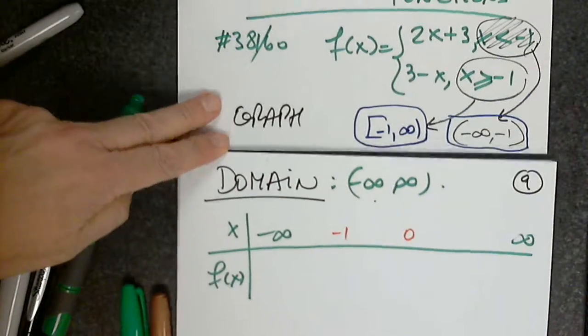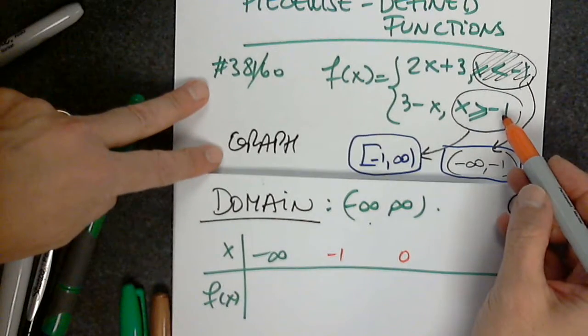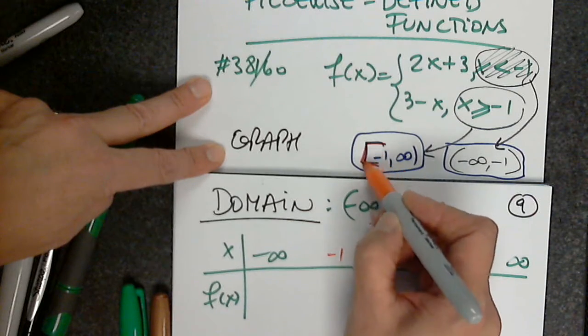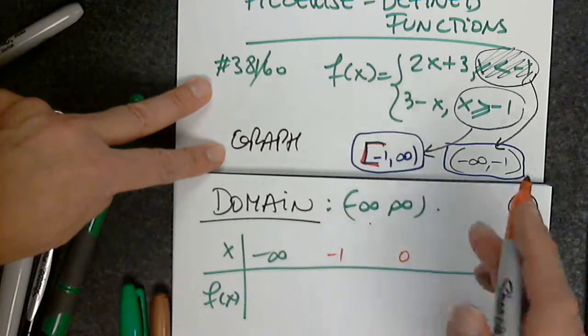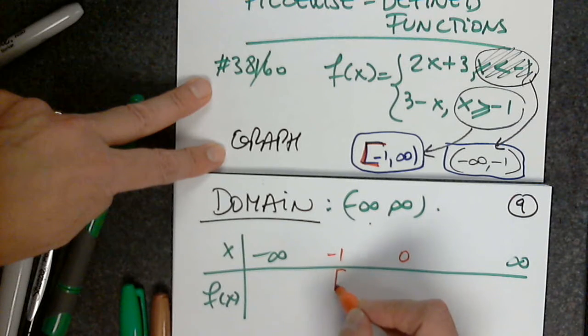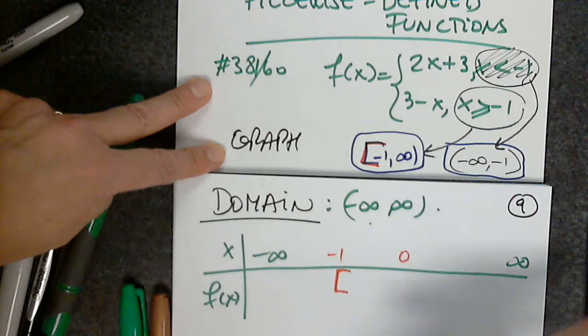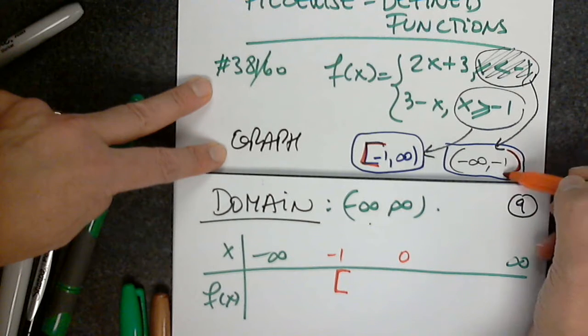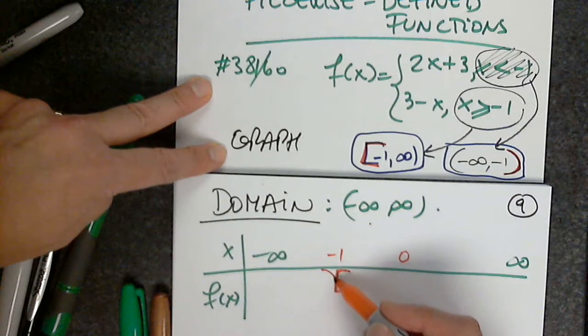Excellent way to put it. Okay, now look at what I have under negative 1. To the right-hand side of negative 1, I have a bracket. To the left-hand side of negative 1, I have a parenthesis. Since there is no gap, they must touch.